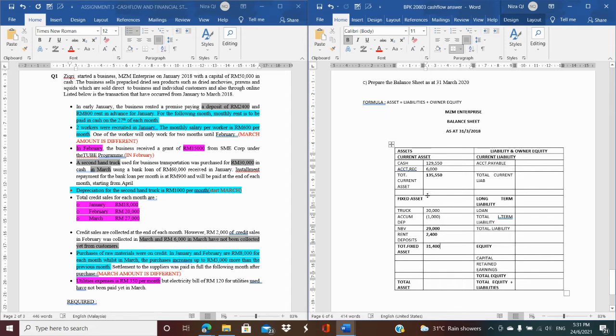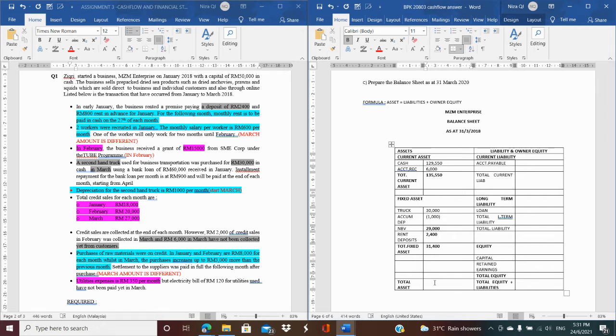It will be the amount of total current asset plus the amount of the total fixed asset. If you have any intangible asset, you can put it under intangible asset, but there's no intangible asset.